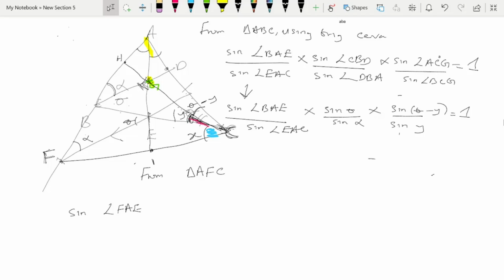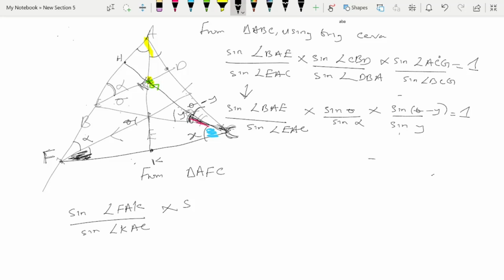Let's call this point K. Then you know that FE over KC will be sine of angle FAK over sine of angle KAC, times sine of angle CFE, which is this angle here now. So we're concerned with this one now.